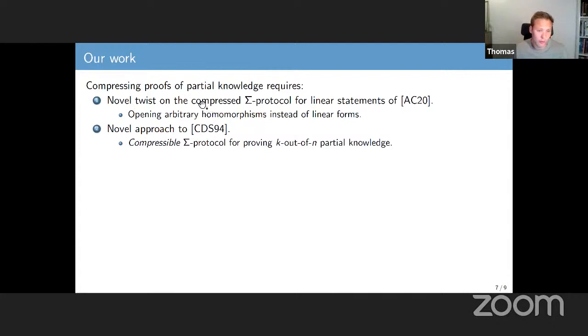And also we need a novel approach to the proof of partial knowledge from CDS94. The CDS94 protocol was a Sigma protocol with linear communication complexity, but it was not compressible, so it was not amenable to the compression mechanism. So we had to make some changes there.